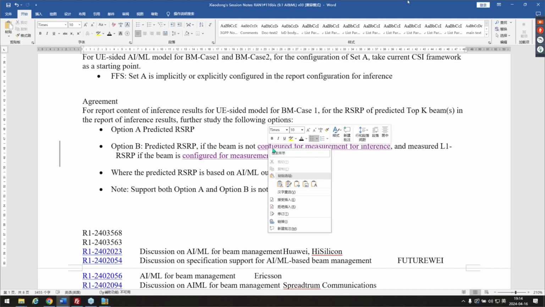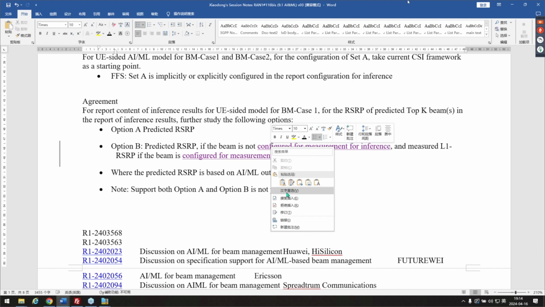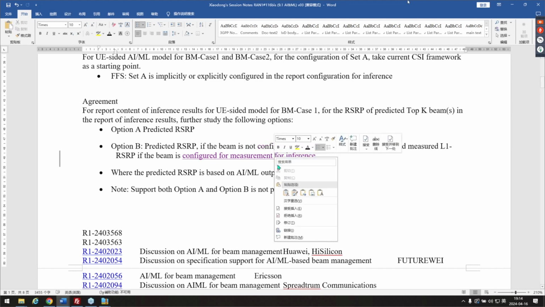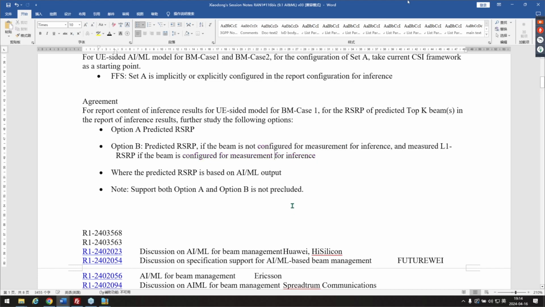MediaTek, okay. Yeah, so just one minor comment on the change of the wording. Between for measurement and for inference, can we add a few words in the report configuration for inference?